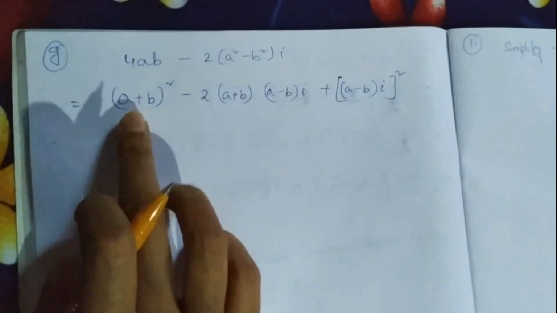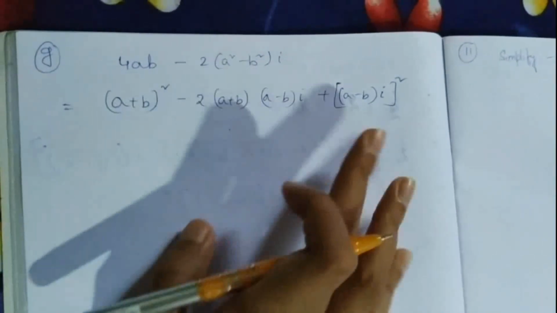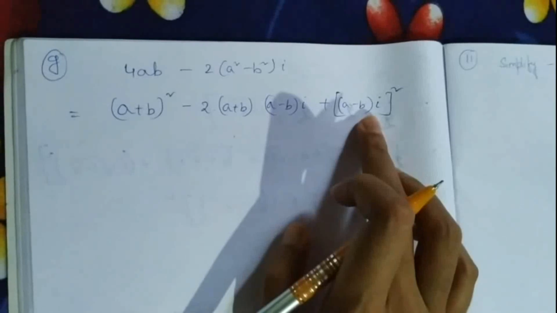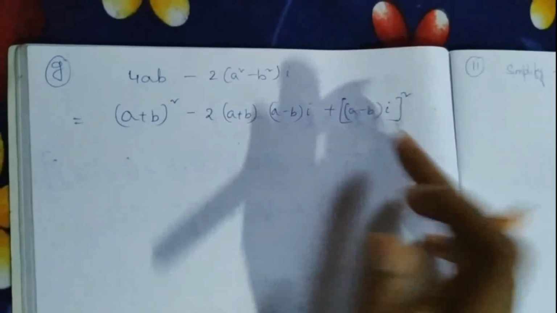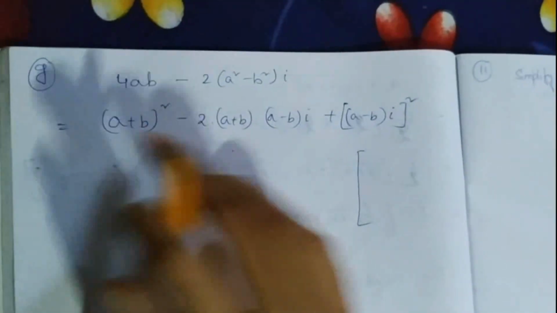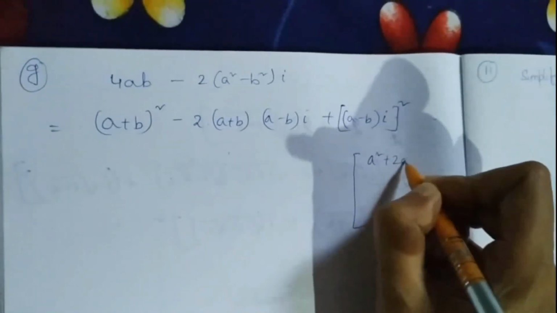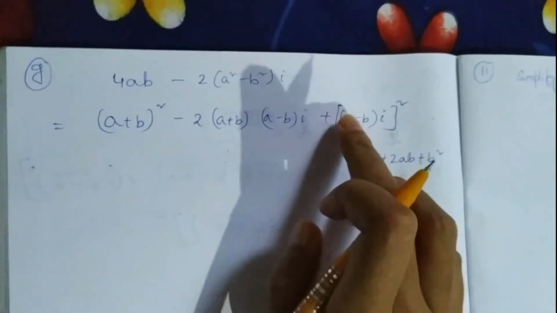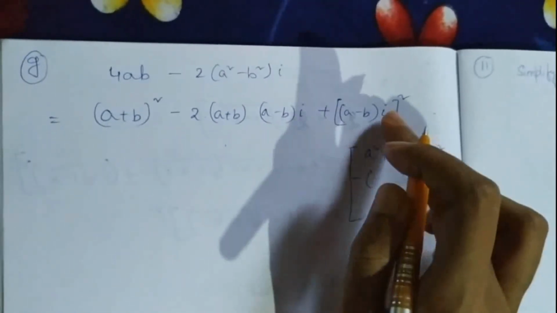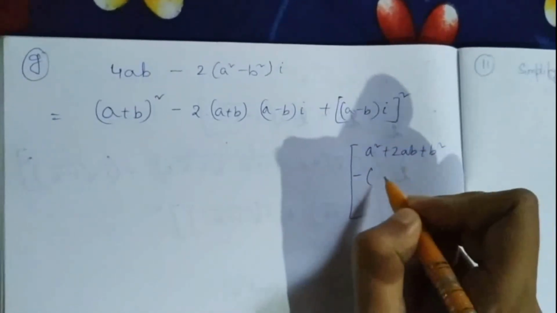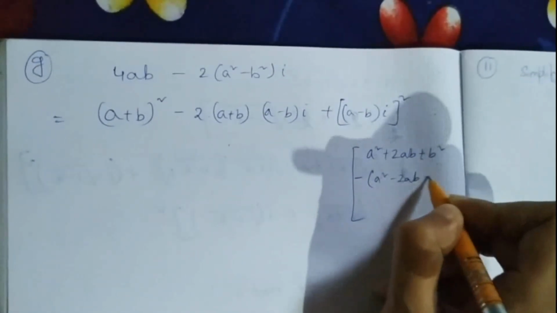So I will get a square plus 2ab plus b square, and here I will get minus a square minus b square. So minus a square minus b square will get cancelled out. See, this is your a square plus 2ab plus b square, and this is your minus i square is minus 1, so minus a square minus 2ab plus b square.